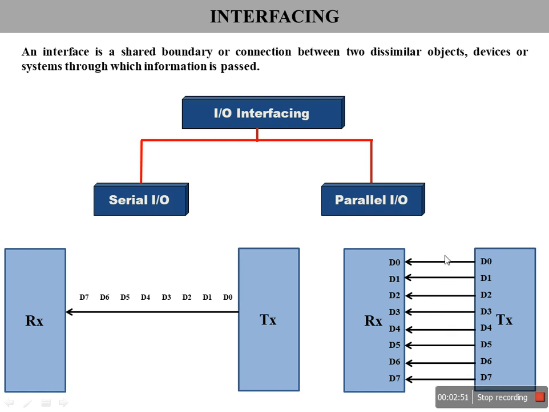If we look at the speed and the amount of data being transmitted from transmitter to receiver in a given amount of time, this parallel I/O interface will be carrying more data in comparison with the serial I/O interface.